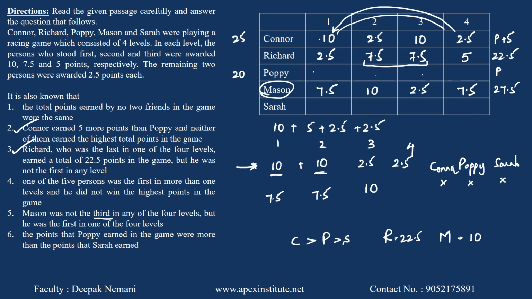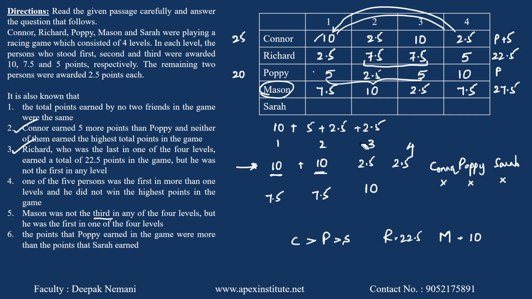So we have Connor scoring first position in this round, Mason in second, and Connor in third. So you can have Poppy scoring 10 points in the last round, but need not be last, in the fourth round. Okay. So 5 here, then 5 here, and 2.5. But these three can be in any order.